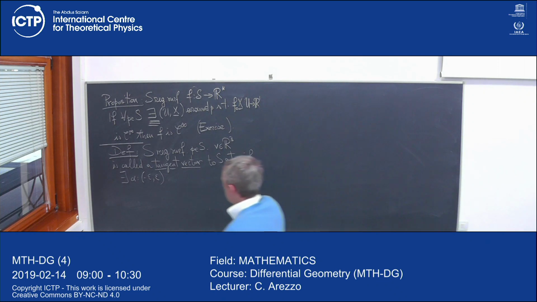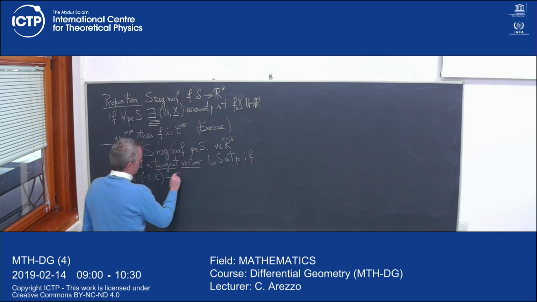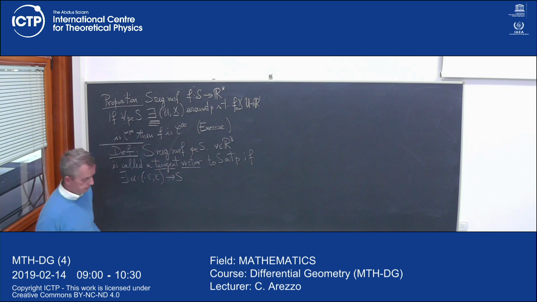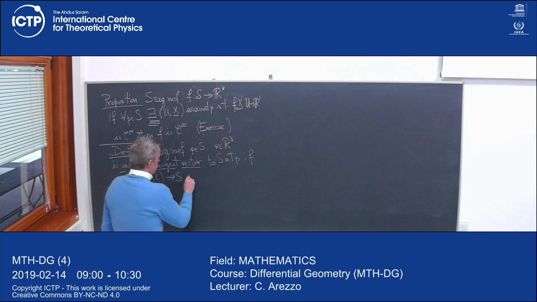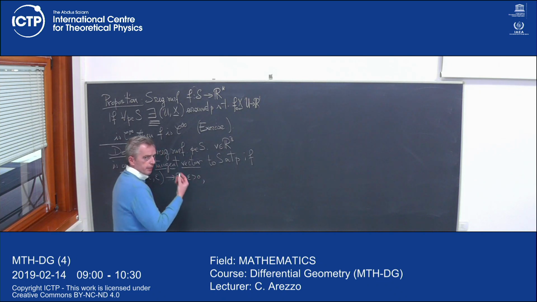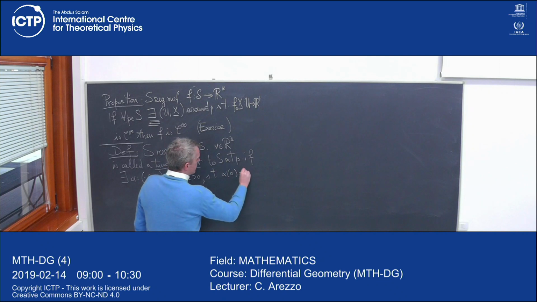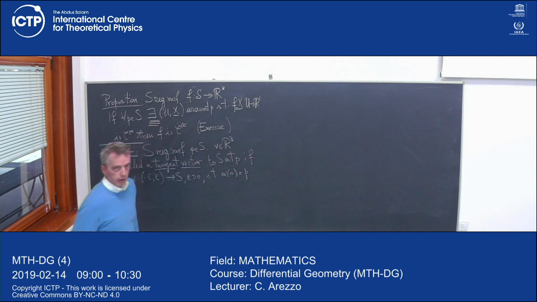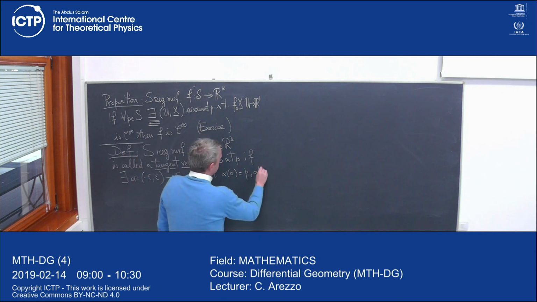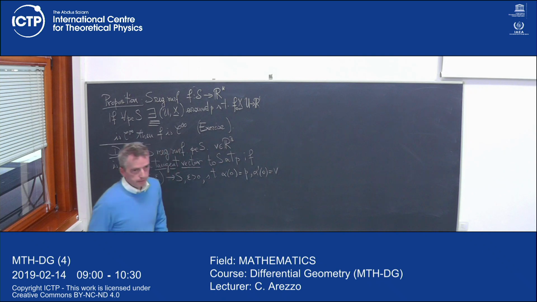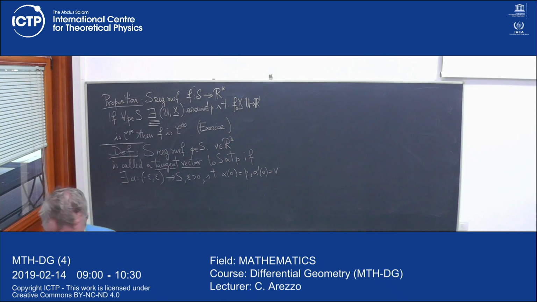And now here comes the only delicacy: with values in S. So of course epsilon will be some positive number that doesn't matter, such that alpha of 0 passes through the point where we are working, with velocity at time 0 at this point equal to v.